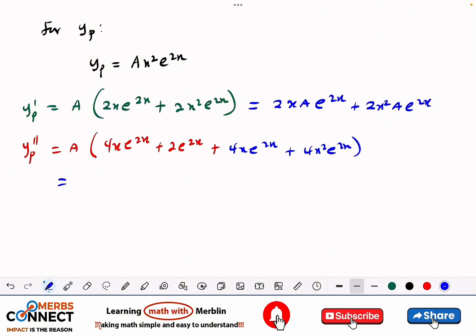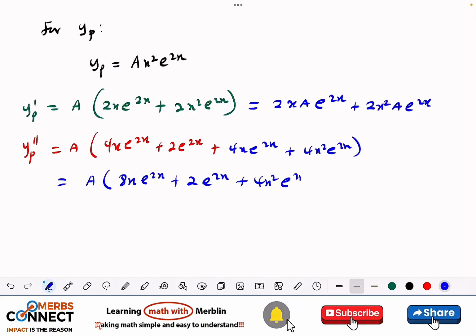So we are going to have 8x e to the power 2x plus 2 e to the power 2x plus 4x squared e to the power 2x. Multiply through by a, and we are going to have 8xa plus 2a plus 4x squared a e to the power 2x.